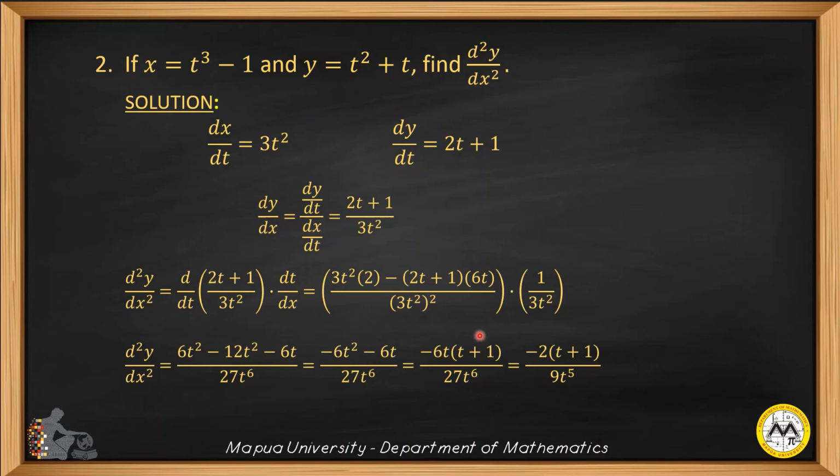So what we need to do now is to simplify this particular expression here. And when we simplify the expression, the second derivative of y with respect to x would just be equal to negative 2 times t plus 1 divided by 9 times t to the 5th power.